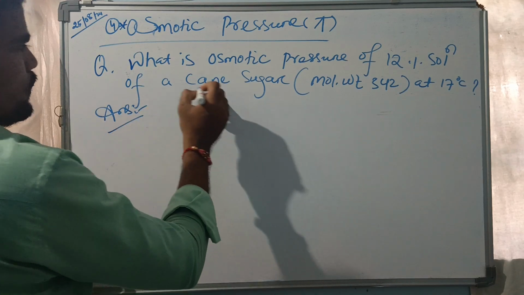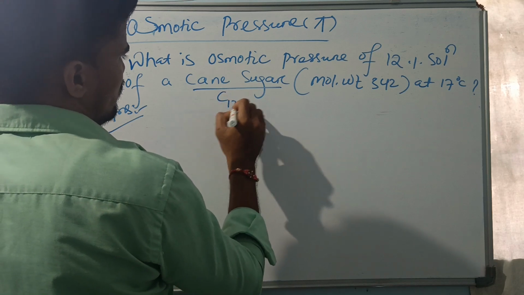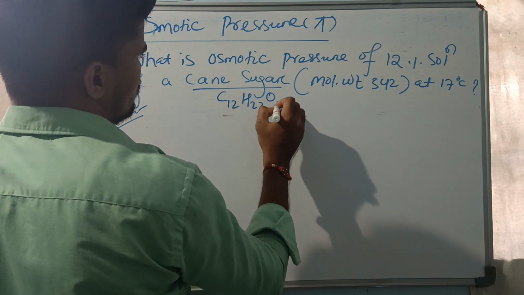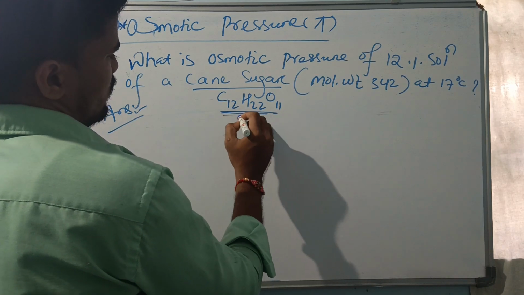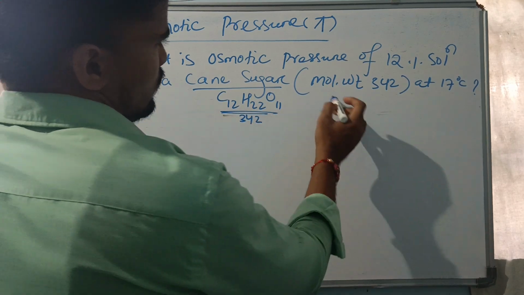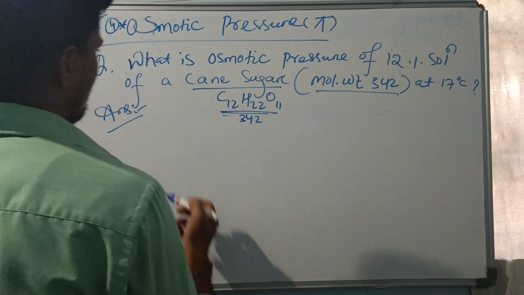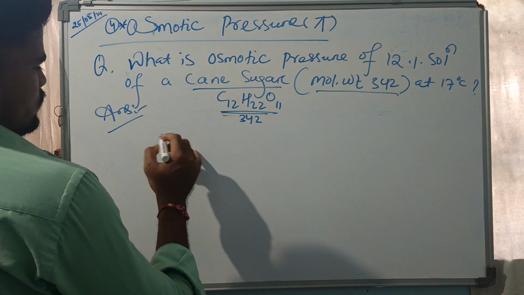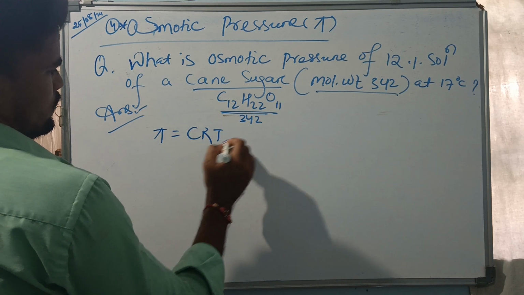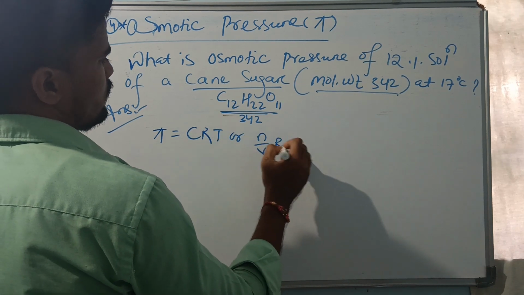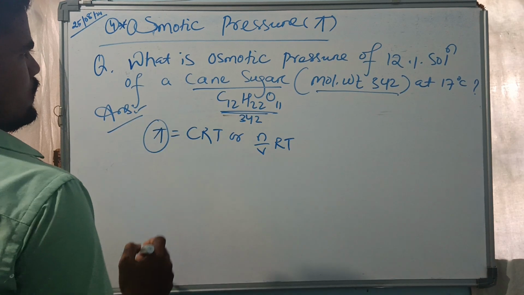Answer. What is the formula of cane sugar? C12H22O11, and the mass is 342. We know pi equals CRT or n upon V RT. We need pi only.